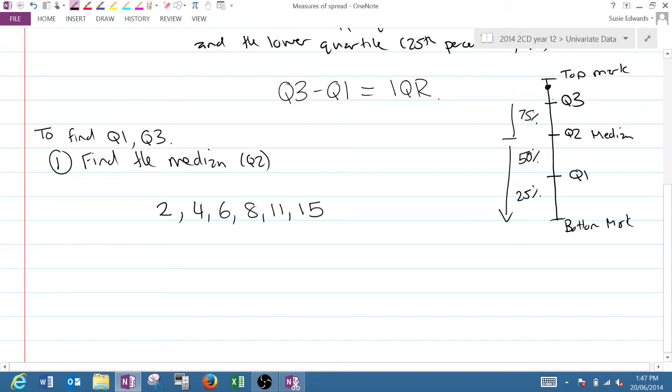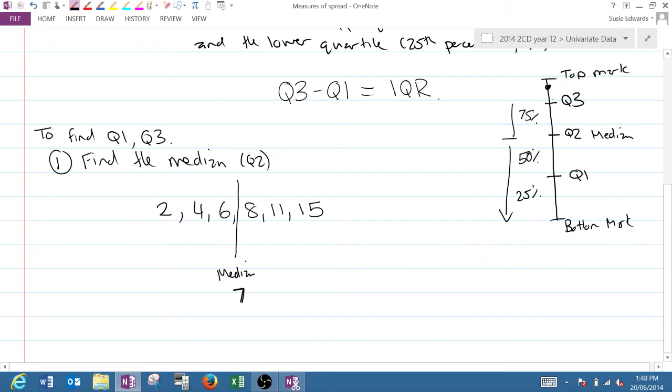Okay, so we found that there's 2 middle numbers, and so we split it down the middle, and so our median is halfway between 6 and 8, which is 6 plus 8, divided by 2. So our median is 7. That should just be revision.